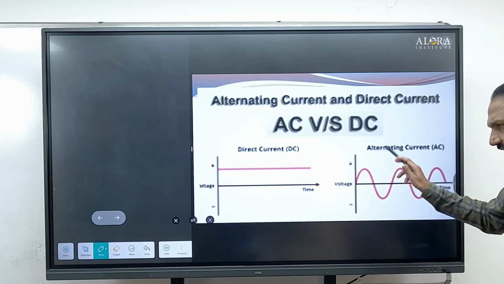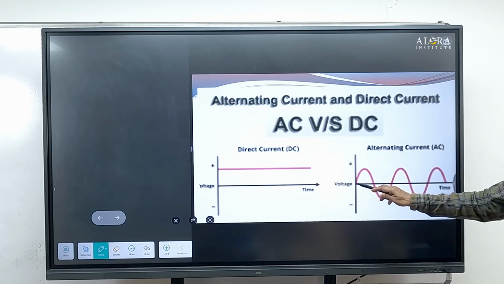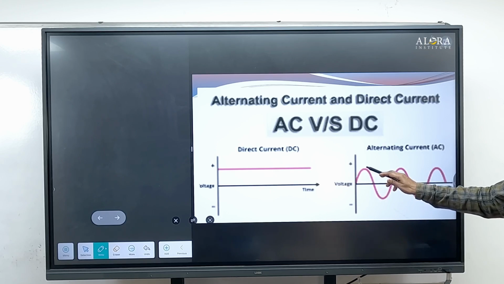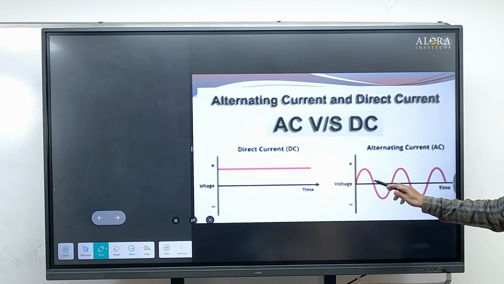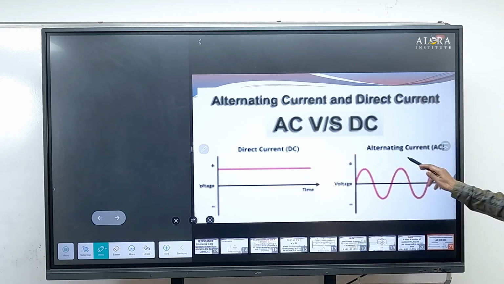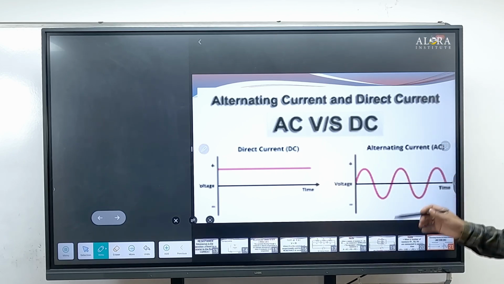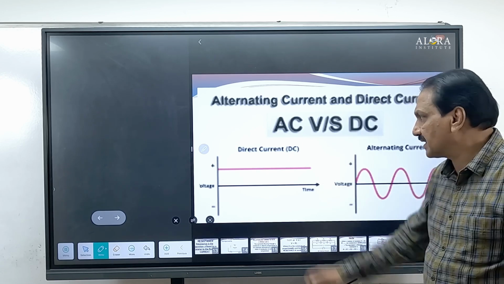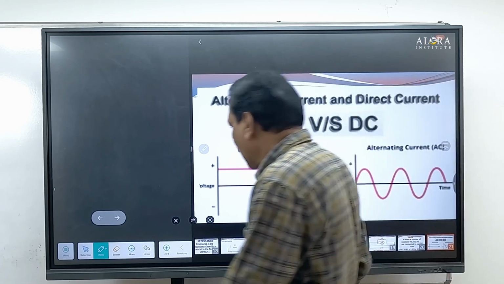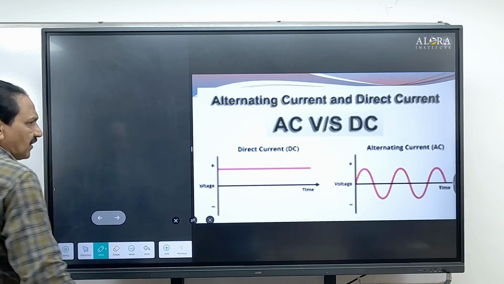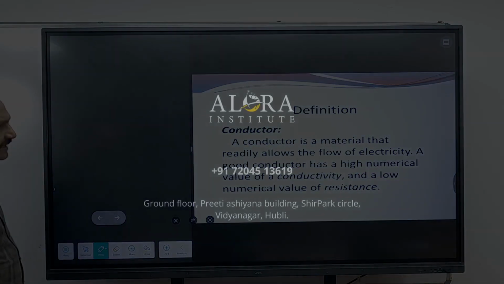If it is a current, initially it will be 0, then gradually increases, reaches the peak along the time axis, decreases, becomes 0, again increases in the opposite direction, reaches the peak, decreases and becomes 0. That is repeated again. So this is called alternating, continuously changing. This is direct and this is alternating. So this is the difference between AC and DC.